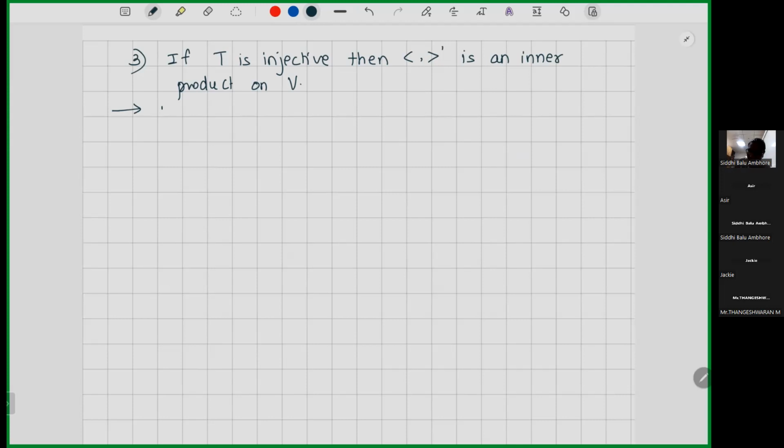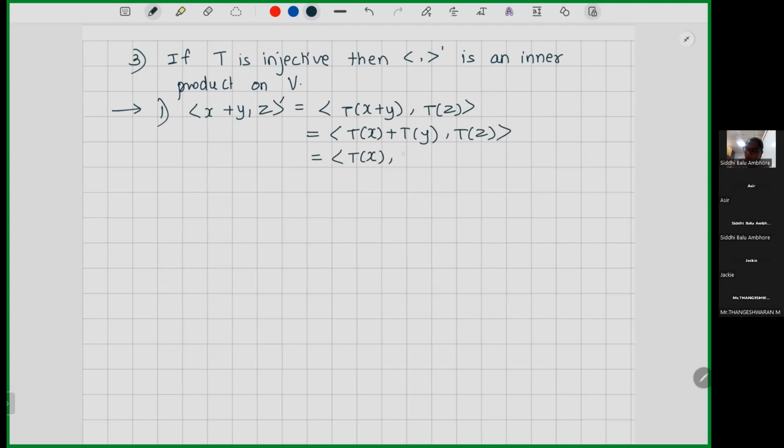Now let us take (x plus y, z) dash. It is T of x plus y comma T of z, which is T of x plus T of y, because T is a linear map, and from the linearity of the inner product in W, we are getting this.